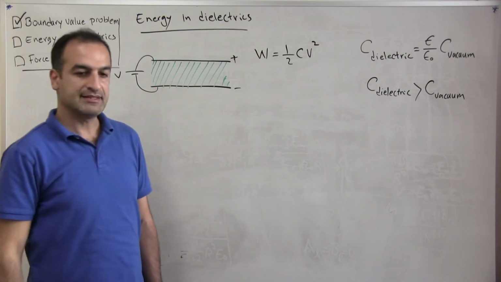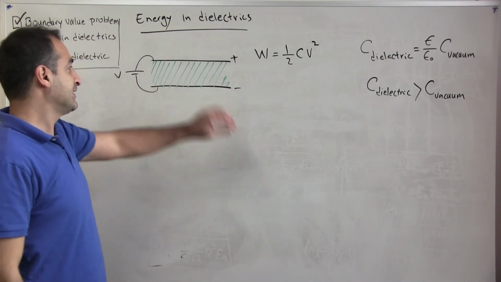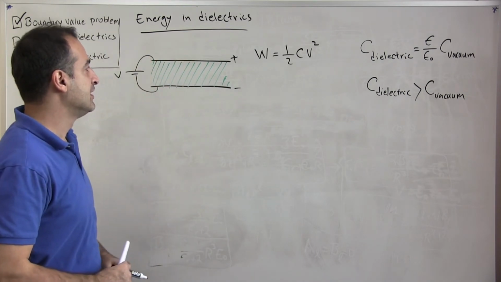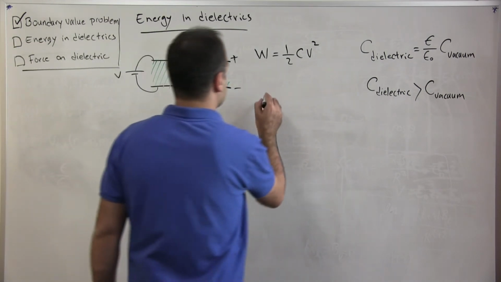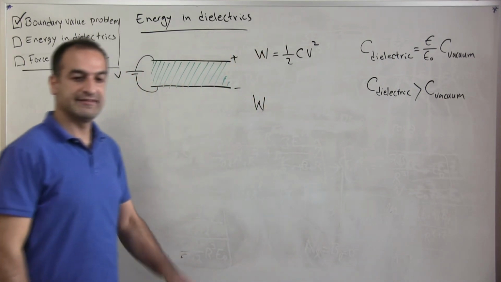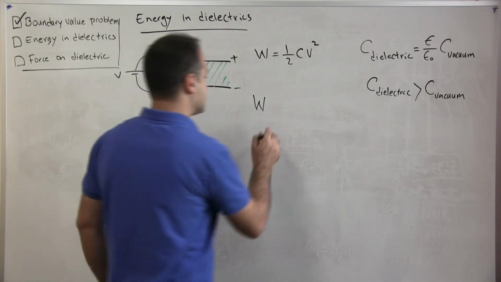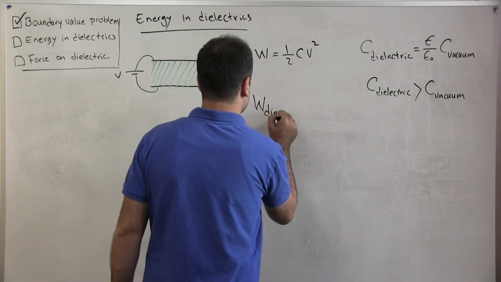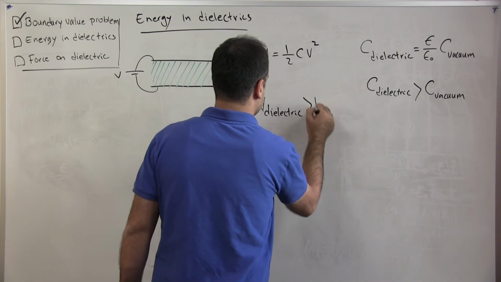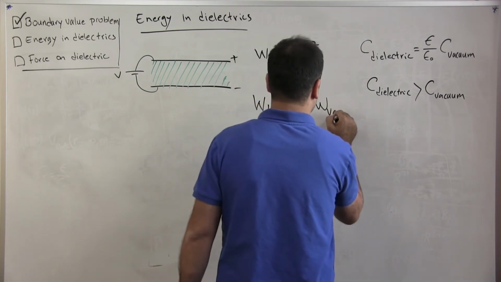So if the capacitance is increasing and if we are charging up the capacitor to the same potential, what happens is that we get energy stored in the capacitor with dielectric, which is going to be greater than the capacitor with vacuum.